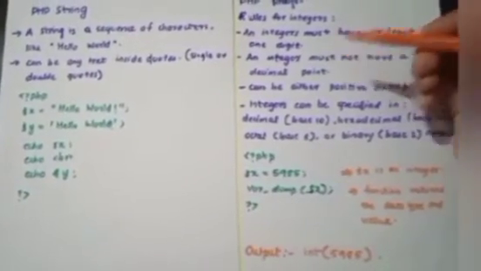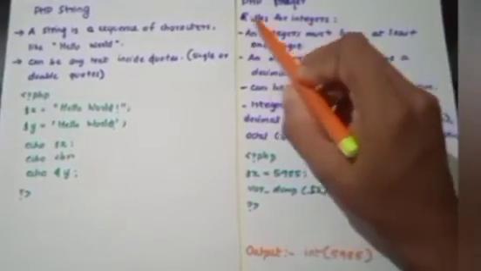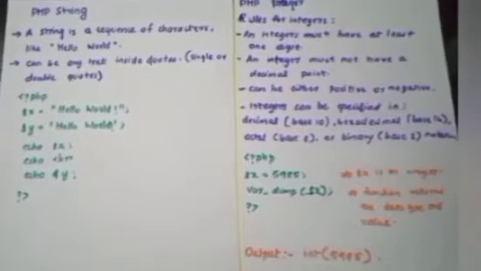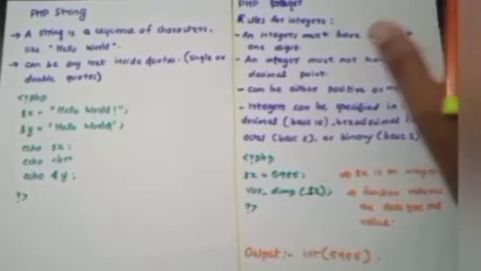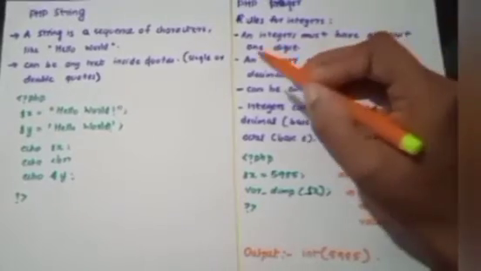So that is the first one, PHP string. Let's see the second one, PHP integer. What is a PHP integer? There are some rules for defining integers. An integer must have at least one digit. It is very mandatory that whatever the sequence, it must contain at least one digit.